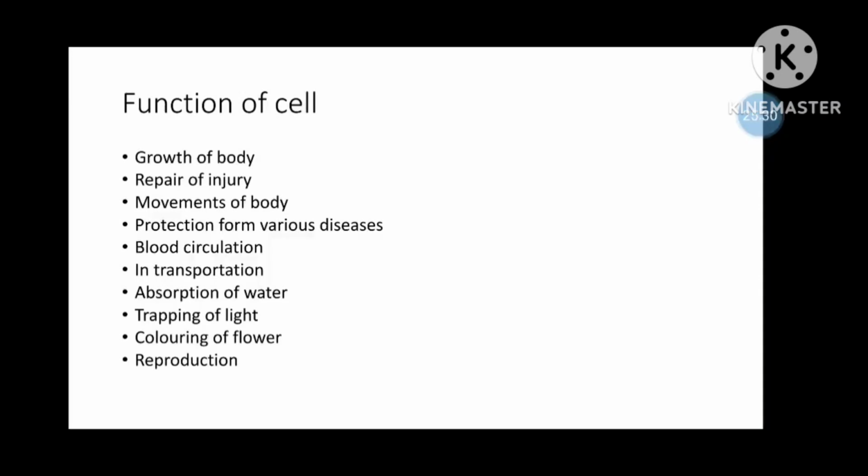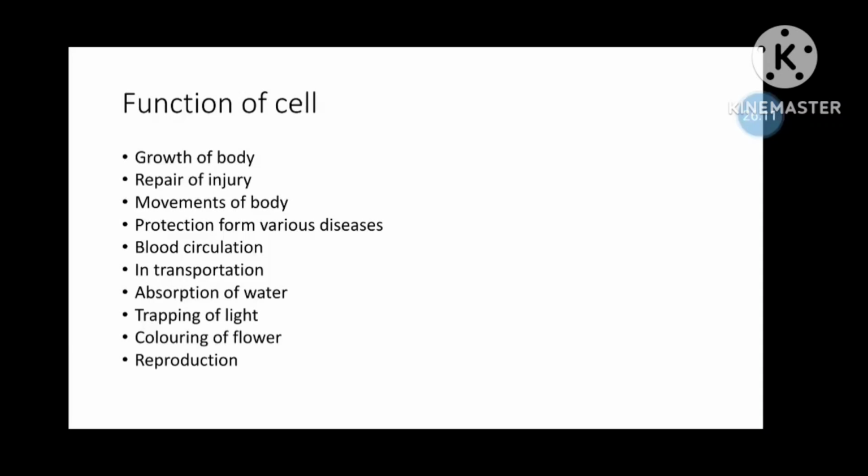Next, blood circulation. Your heart is made up of cardiac cells. These cells work together and pump the blood, which causes the circulation of blood, and with the circulation of blood, the transportation of different materials takes place: transportation of gases, food, and waste materials.